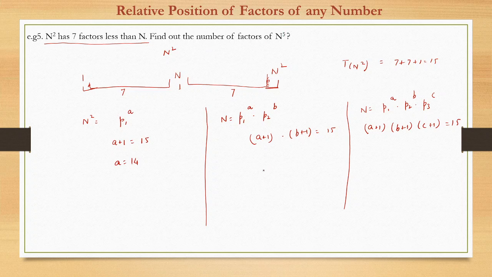Now here we need to check in how many ways we can write 15 as a product of two numbers. 15 is what? 3 into 5. So this is nothing but Tn by 2, where Tn is 2, that is 2 by 2, that is one way only. 3 into 5 we can write, or 1 into 15. So only two ways are there.